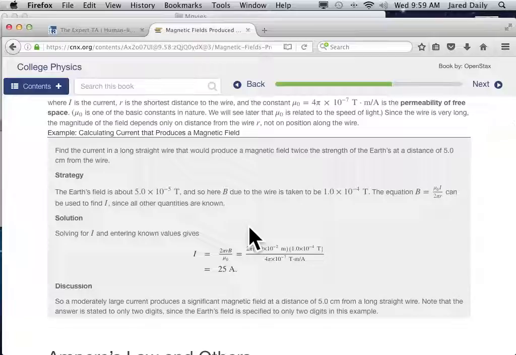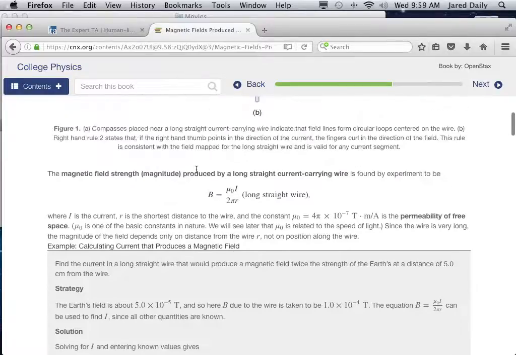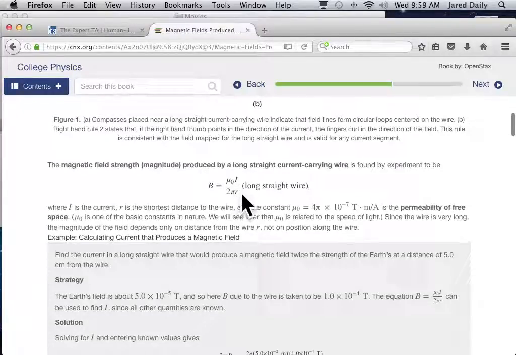So if we want to find the current in a long straight wire that is producing a magnetic field twice the strength of the Earth's at a distance of 5 centimeters from the wire, we can use this equation to do it. The 5 centimeters goes in the r, that's the distance from the wire. The current is the thing we're calculating, and we know that we want something that's twice as much as the Earth's magnetic field.